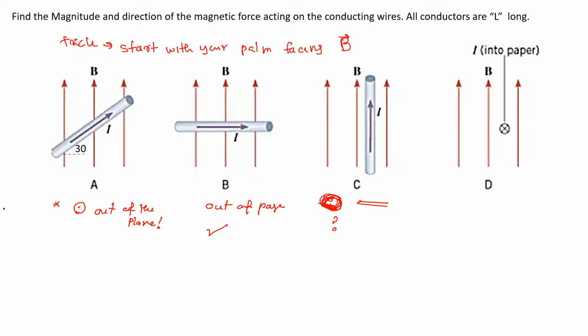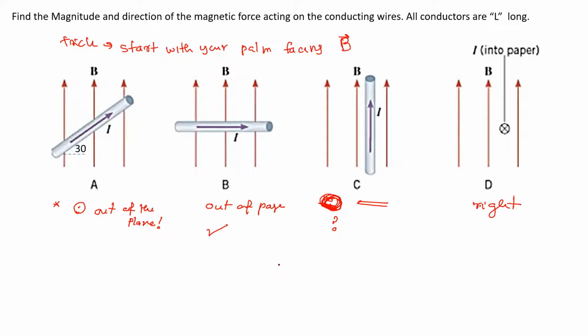So did it become easy with my trick? So B field is upward, so I just keep my hand like this. But my current is into the plane, right? So I just kept my hand like this. Thumb is towards the right side. Right. Easy, right?